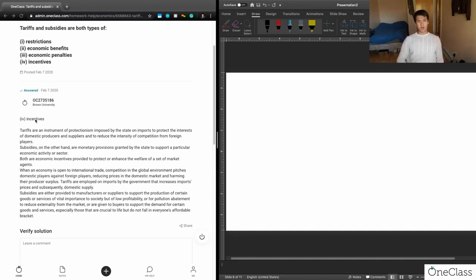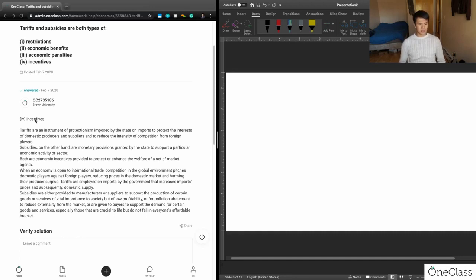Subsidies, on the other hand, are monetary provisions granted by the states to support a particular economic activity or sector. That is a subsidy. Both are economic incentives provided to protect or enhance the welfare of a set of market agents. Both are economic incentives. You're basically trying to motivate certain behavior.